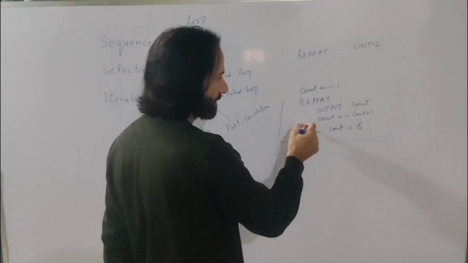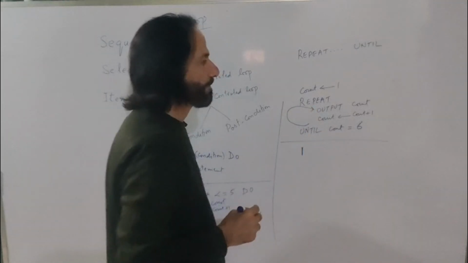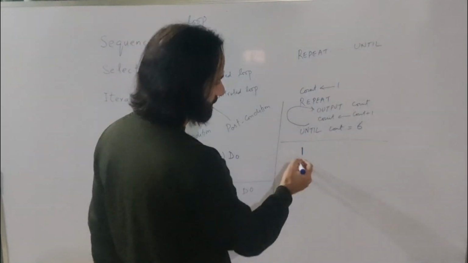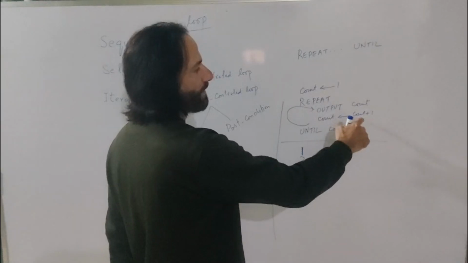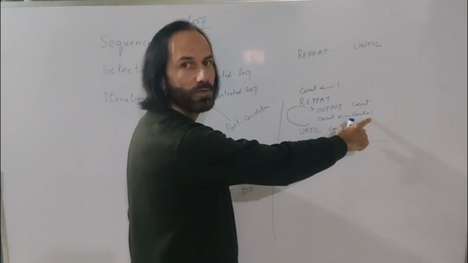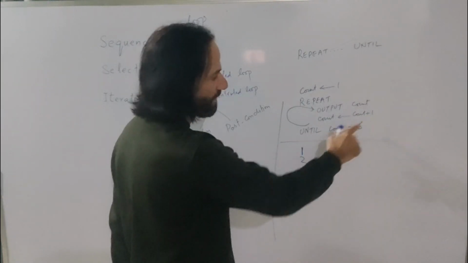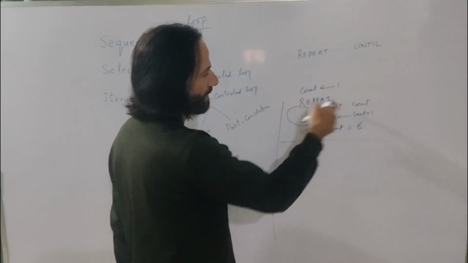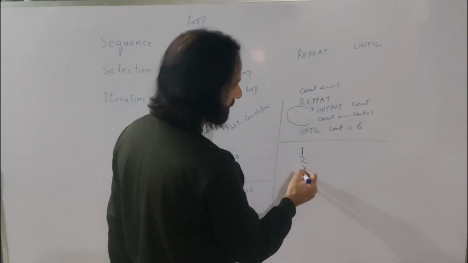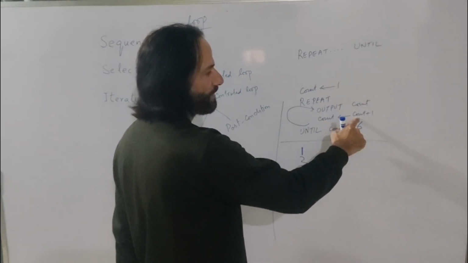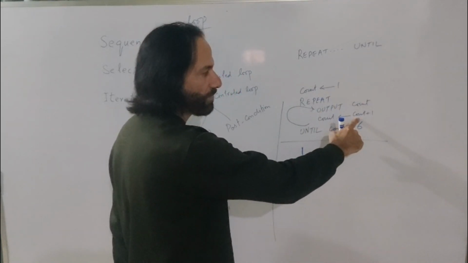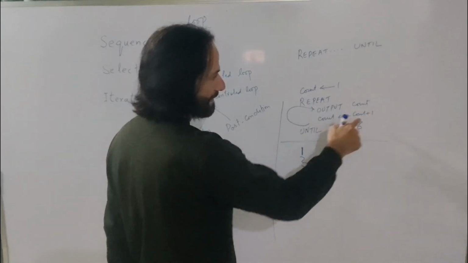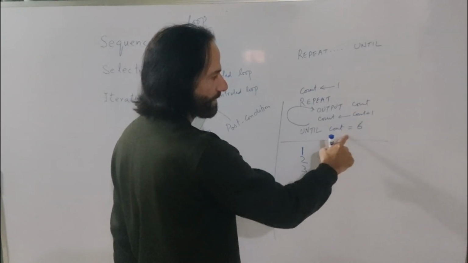It will go back and output count. That means now it will output 2. It will increment, and now the count will become 3. Still the condition is not true. It will go back and output 3, and increment the count again, so the count will become 4. Still the condition is not true.